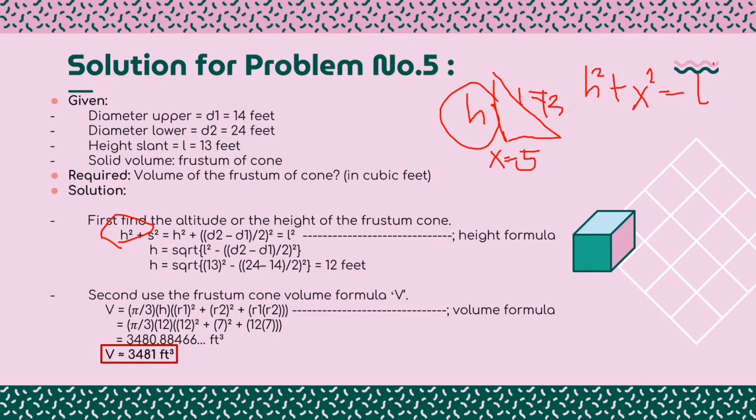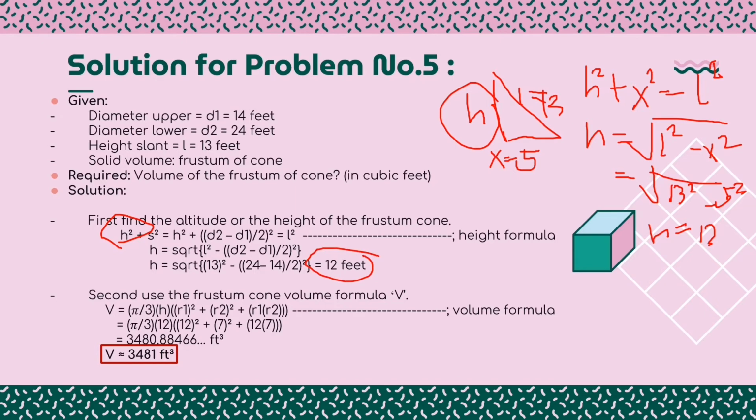Substituting 13 and x equals 5, we get our height, 12 feet.